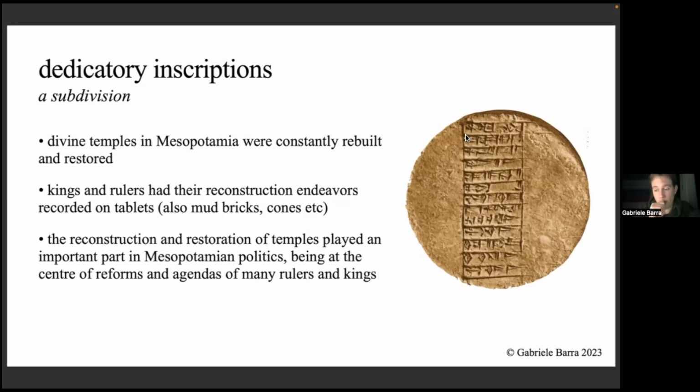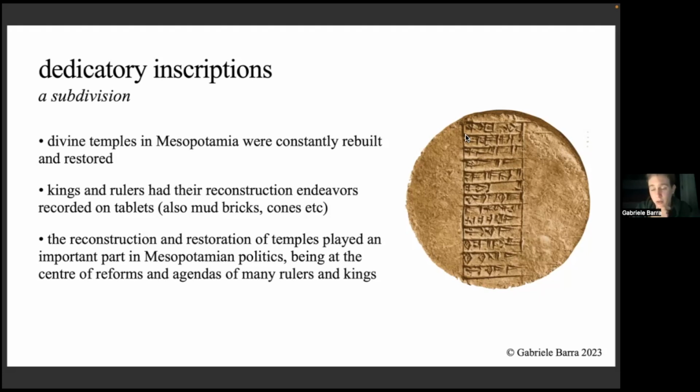And that becomes not just an act of propaganda, but something kings and rulers are expected to do to keep the gods favorable, by restyling and rebuilding what is to be rebuilt. So it's a big thing, socially speaking, and it gets quite important.